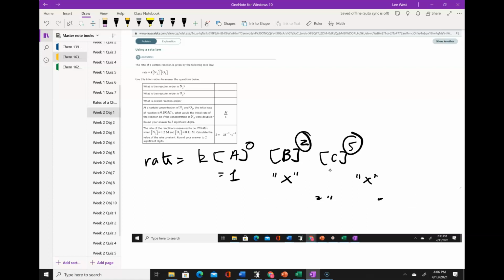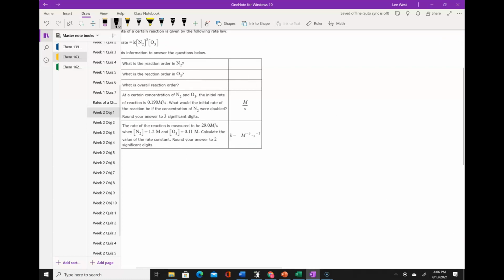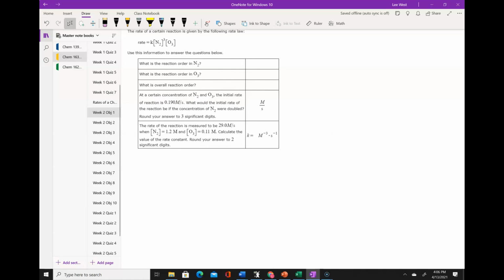All right, so in this case, we're given the rate law, and it says that it is 3rd order in N2 and 1st order in O3. We don't normally put the 1 in, because O3 to the 1 is exactly the same as the concentration of O3.